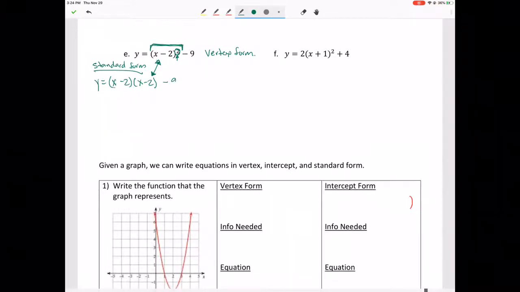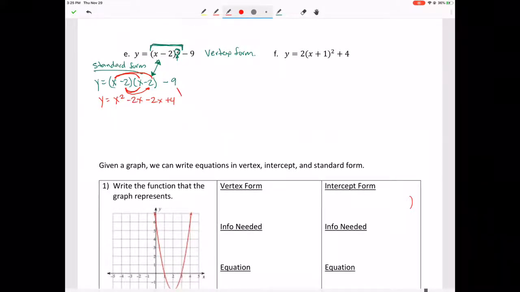And then we still have a minus 9. So what we're going to do is distribute. We do the FOIL: we multiply the first terms, x squared; then the O for FOIL, the outside terms, minus 2x; the I for FOIL is the inside terms, and the L for FOIL is the last terms.